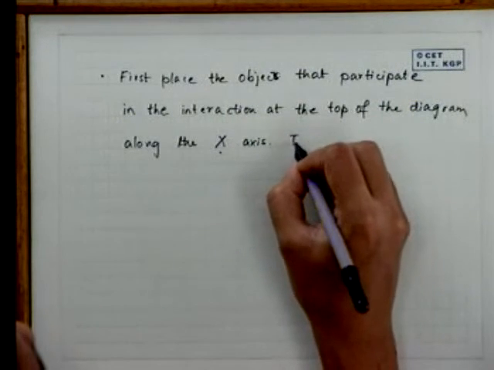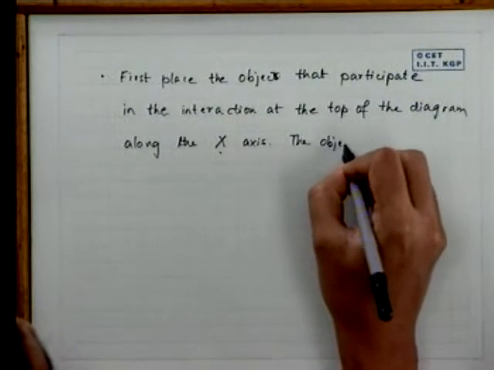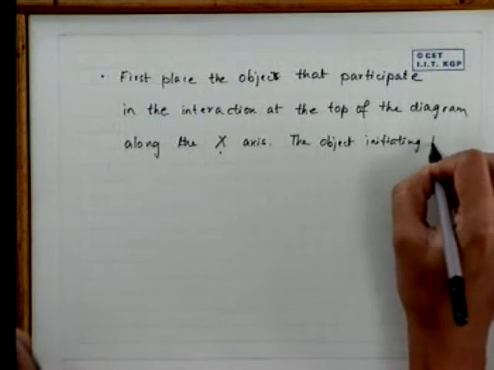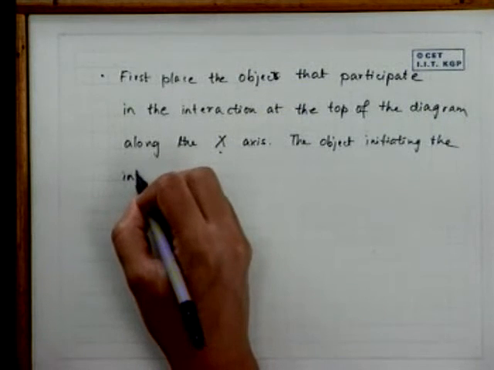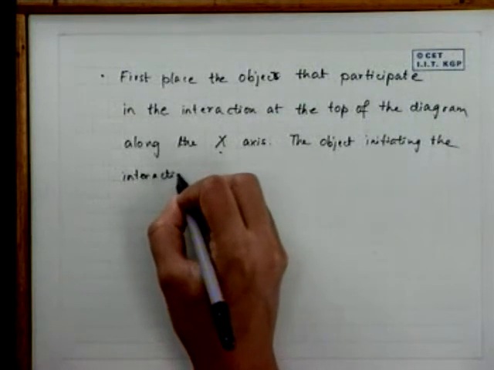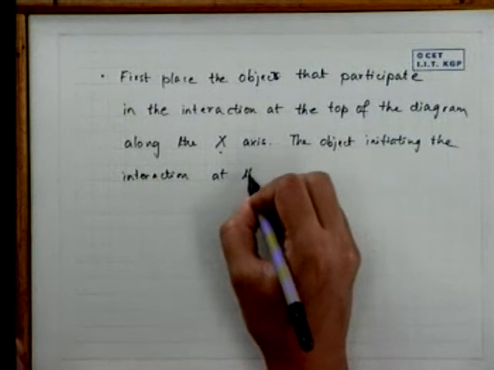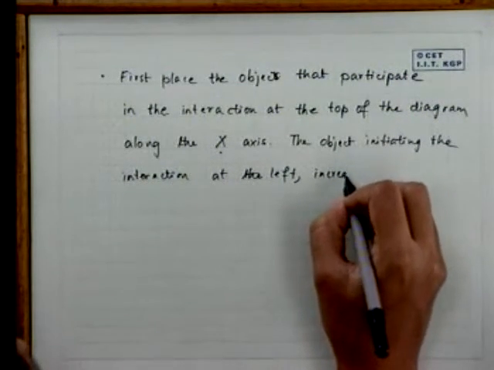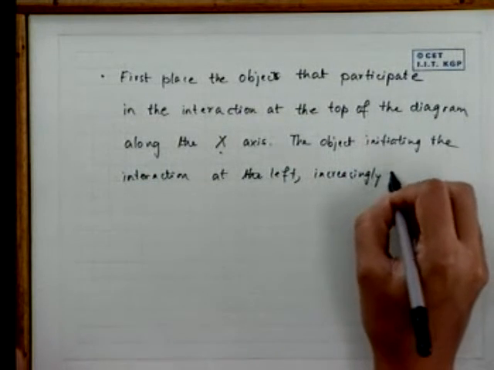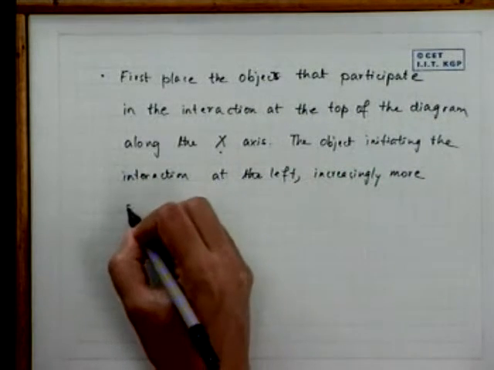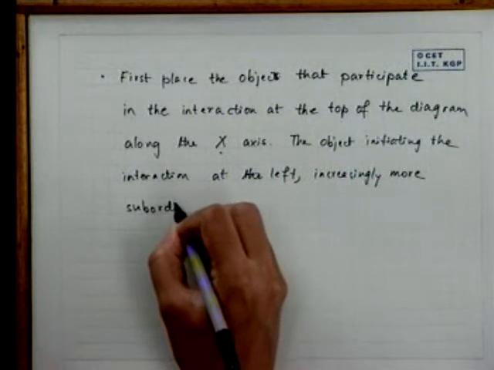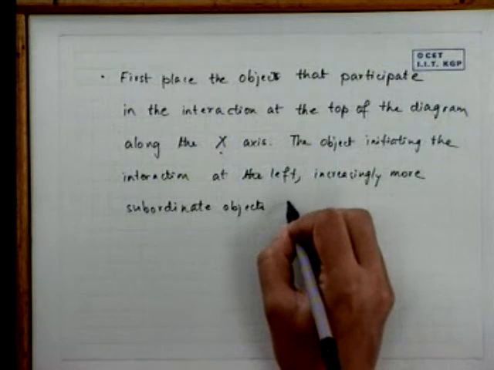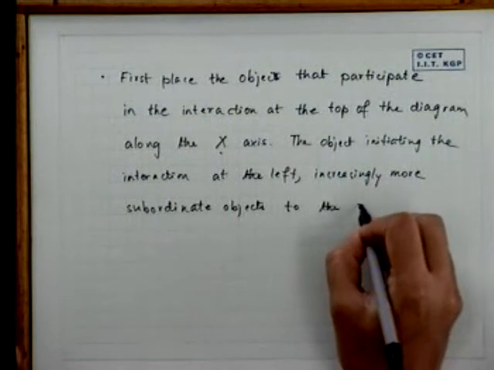The object initiating the interaction is placed at the left. Increasingly more subordinate objects are placed to the right of it.